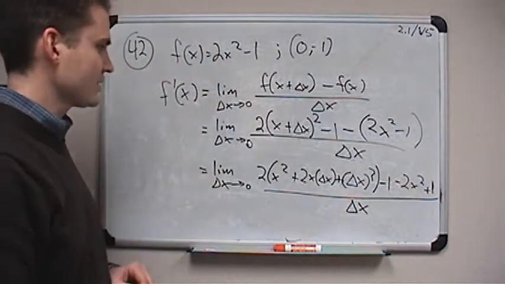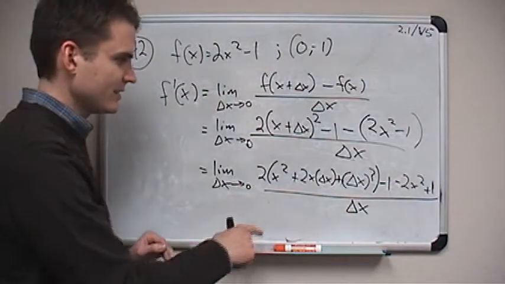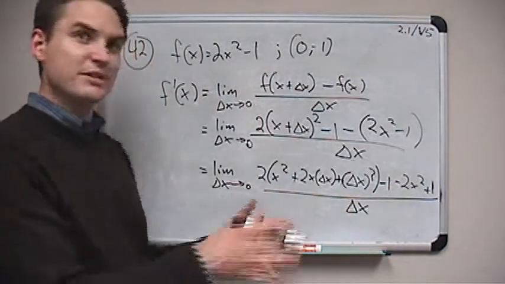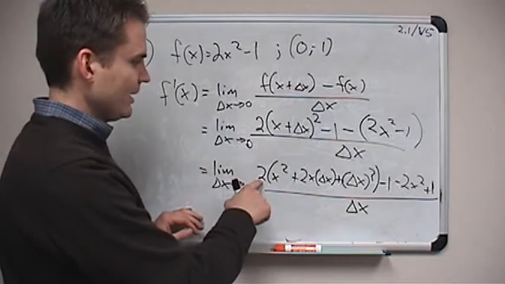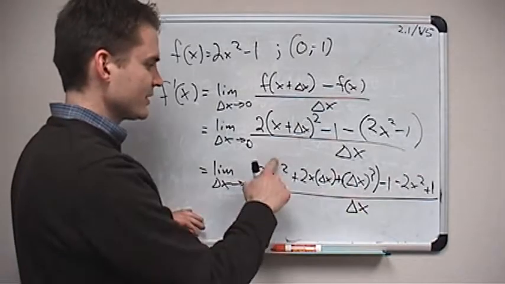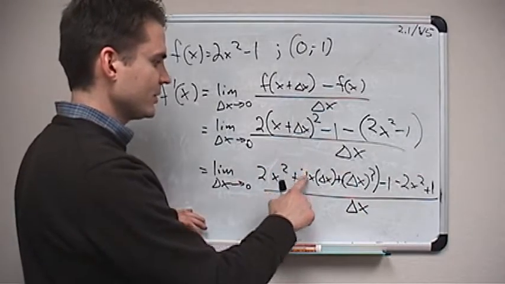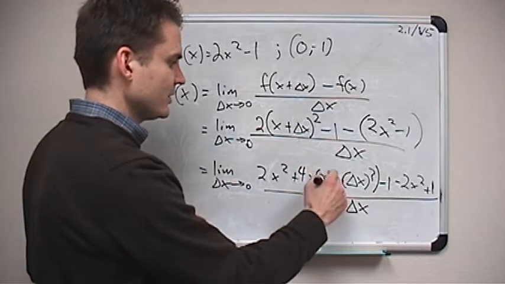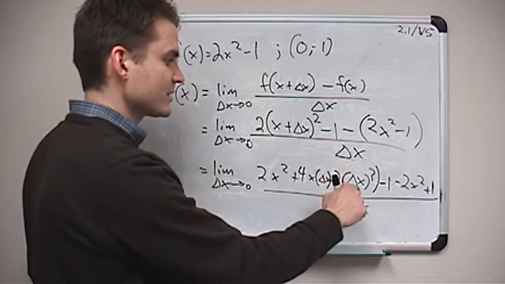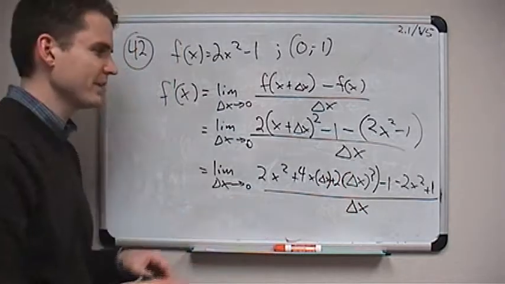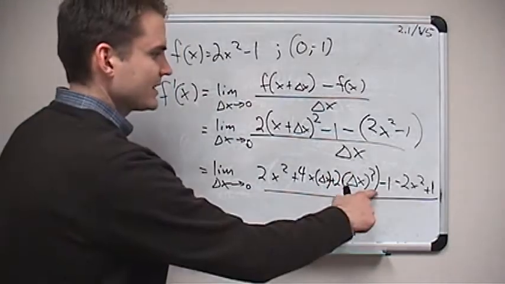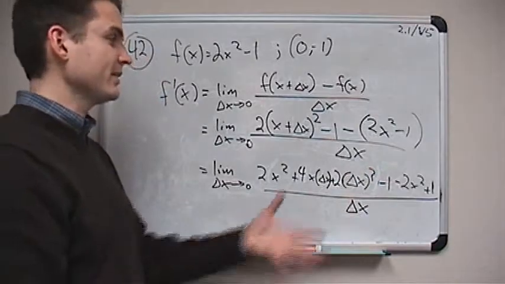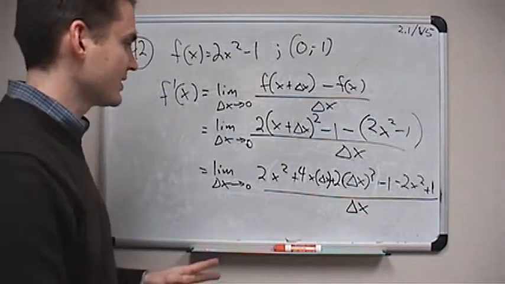If I distribute this 2 inside, maybe I'll go ahead and do that now just to save myself a line of writing. If I multiply the 2 into the parentheses, I'll get 2x squared plus 4x delta x, plus 2 times delta x squared. It's kind of crammed in there, I know, but at least now we've got everything expanded out in the numerator, and we can start canceling terms.